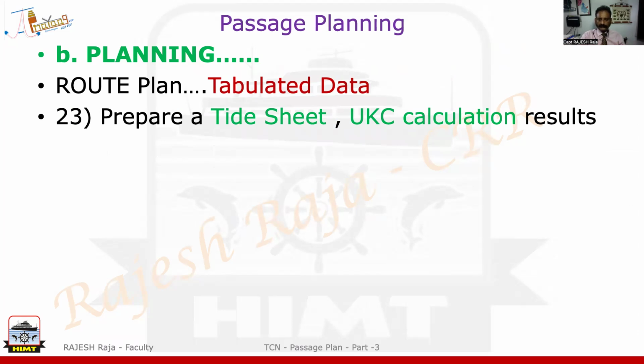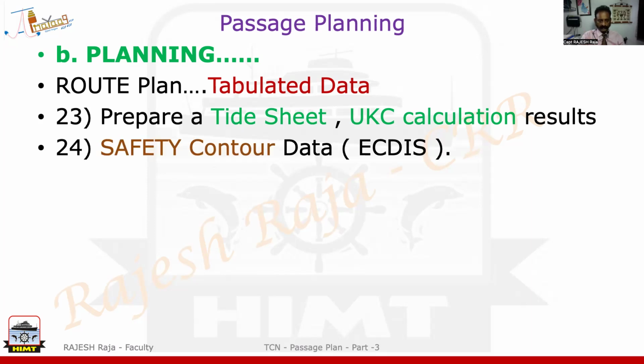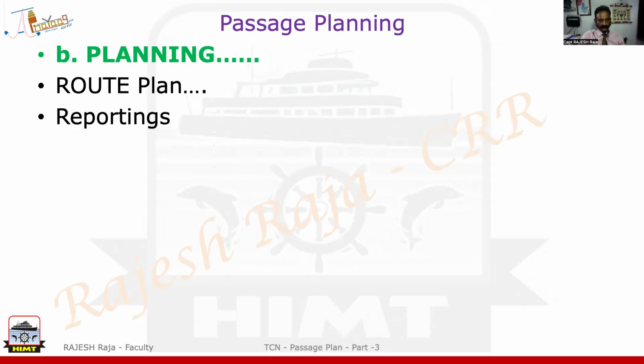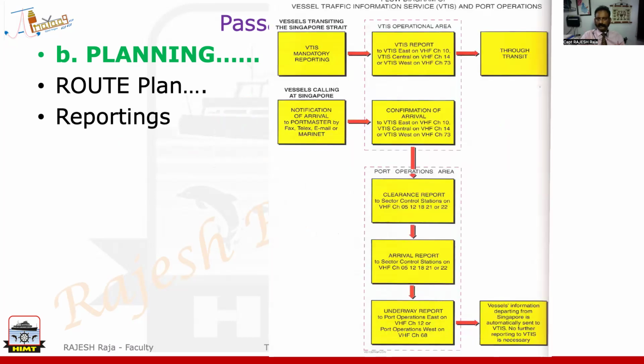These are all screenshots taken from the book, the paperbacks. You might have to prepare a tidal sheet and UKC calculation for Malacca Strait. That was a mandatory company requirement for every passage. And right now, for ECDIS, you need your safety control data, the various data you feed. I'm showing you this small screenshot of the reportings, what the VTIS reporting was for Malacca and Singapore Straits.